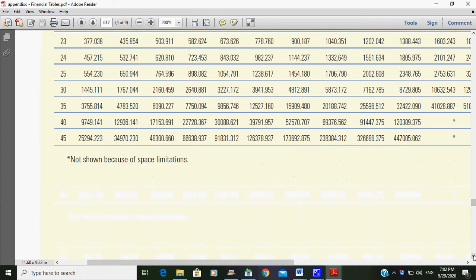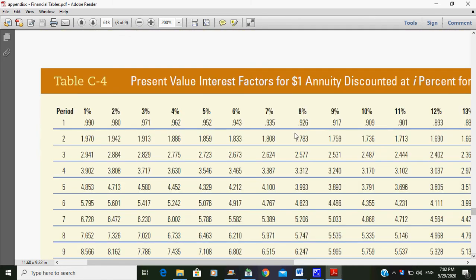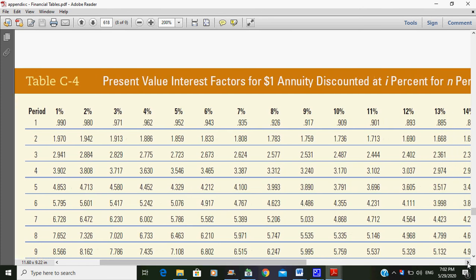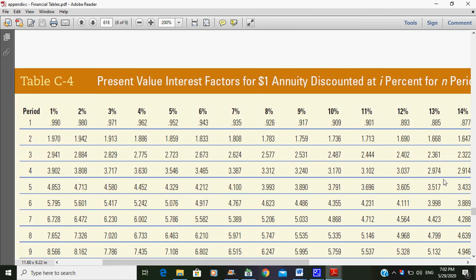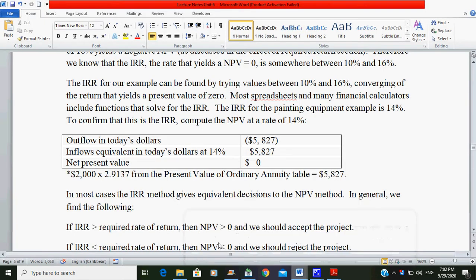So present value of annuity, under annuity. Go across 4 years. 4 years, 14%, and you put 2.914, and then you would multiply that figure by 2000, and you get 5,827. That would be 14%, right?